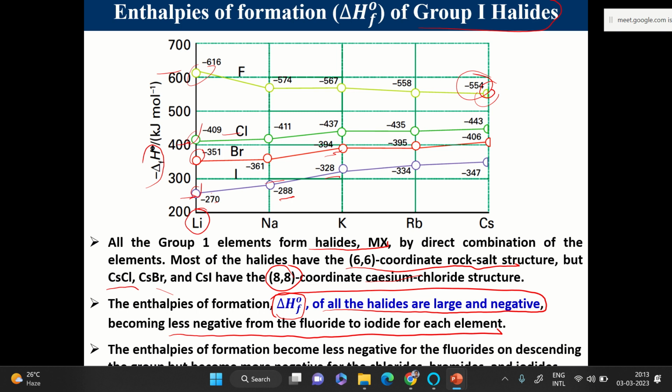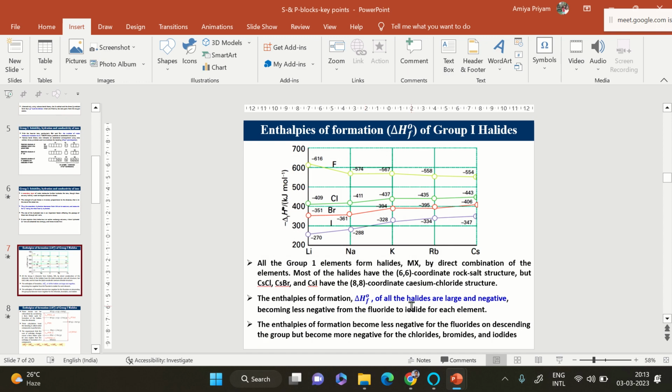So as you move from fluoride to iodide. Okay, and we also see that the enthalpies of formation become less negative for the fluorides on descending down the group, and more negative for the chloride, bromide and iodide.